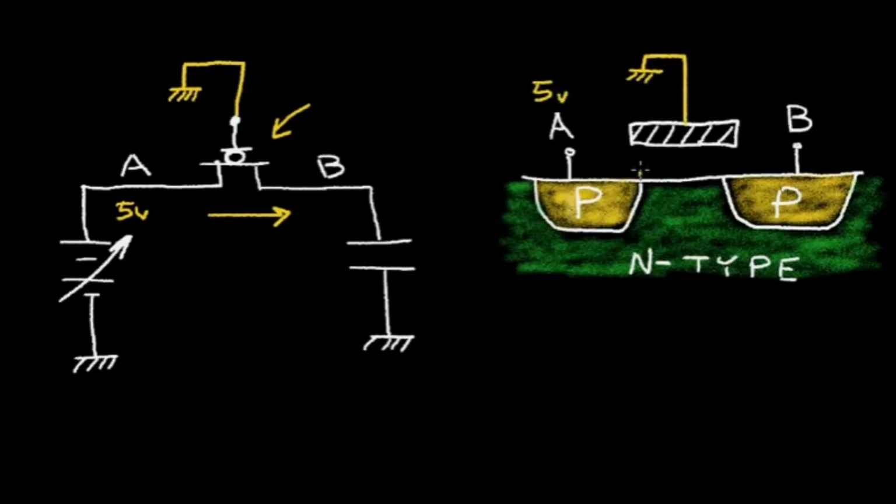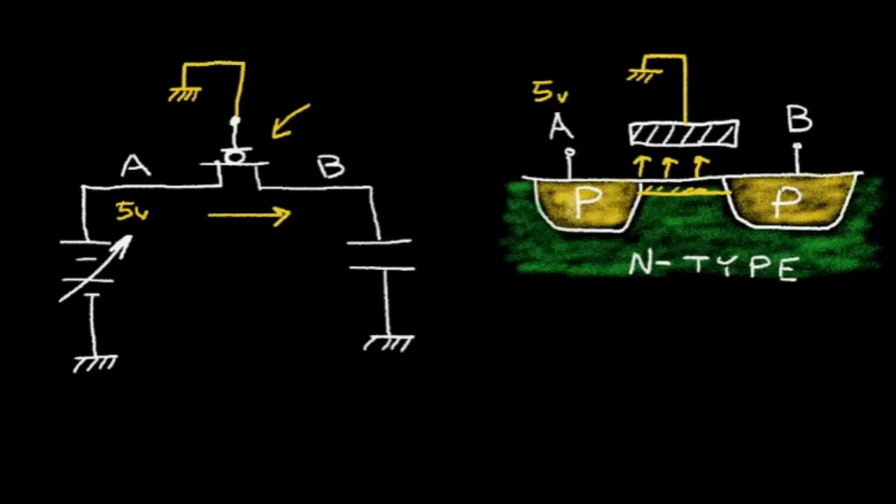That causes a strong electric field in this direction that attracts the holes to the surface and forms a conducting channel between point A and point B. So this PMOS transistor does a good job of transferring a high voltage from point A to point B.